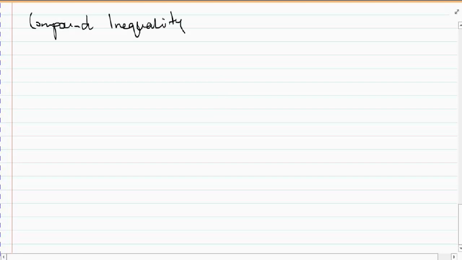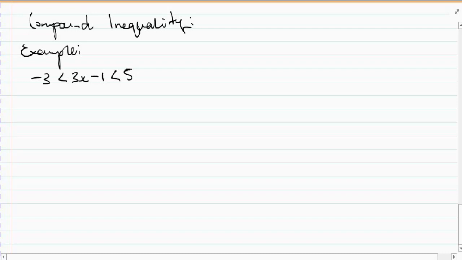We're talking about inequalities of this kind: -3 is less than 3x minus 1, which is less than 5. So our variable is between two inequality signs. Now we can write the solution to this and also represent it on a number line.